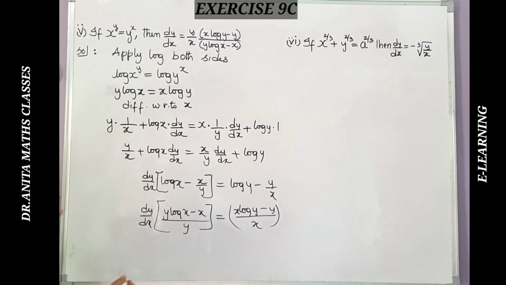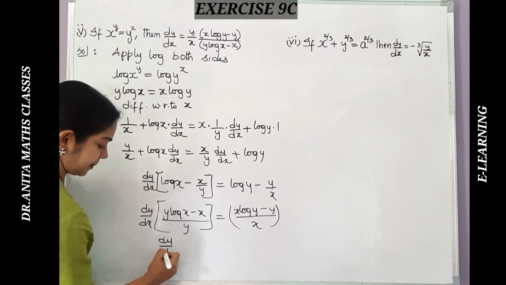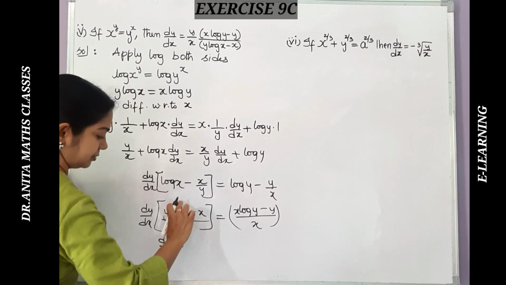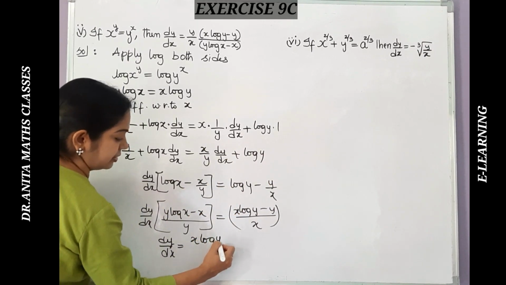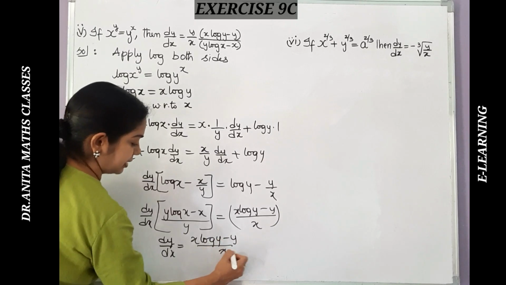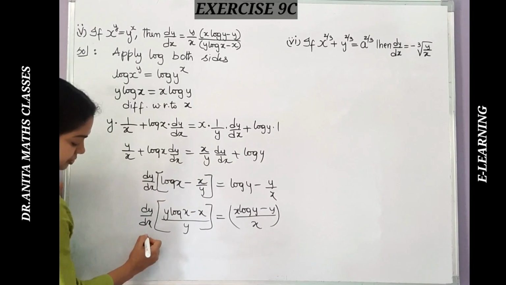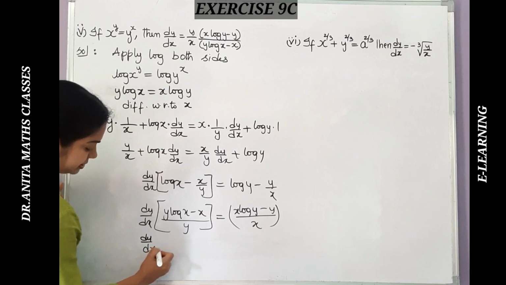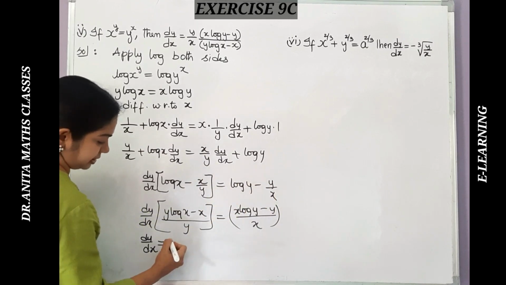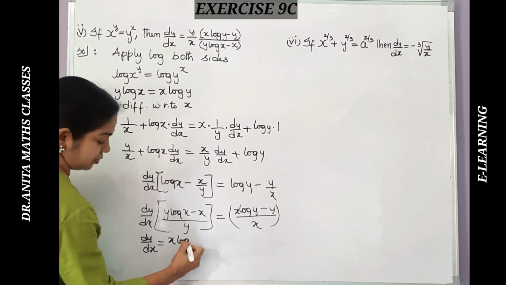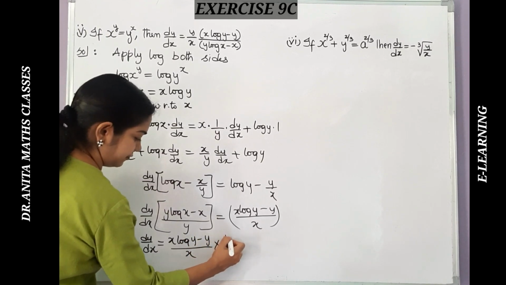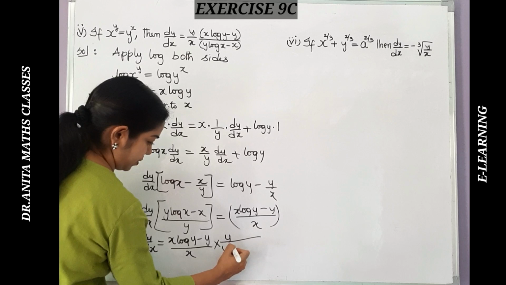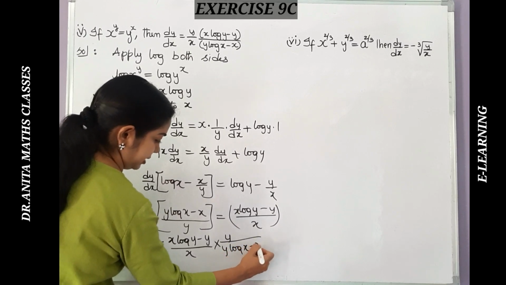Now we want dy upon dx. Taking this to the other side, it becomes the reciprocal, so dy upon dx is equal to x log y minus y by x multiplied by y, over y log x minus x, right?